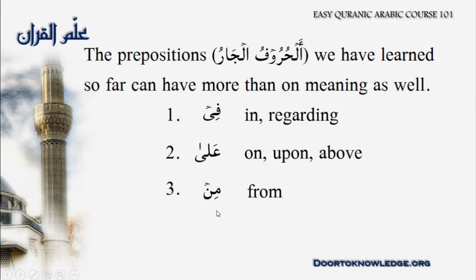And min, the meaning is from. Ila can come for to, up to, towards. Also depends on the context. Whenever you see the huroof al-jar, fi, ala, min, ila, look at the context, then try to translate it accordingly.